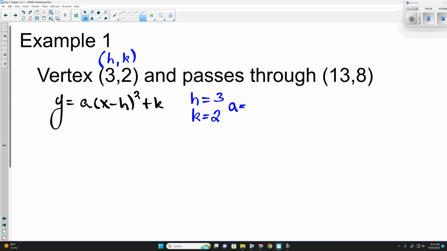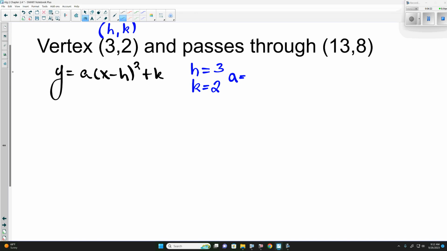But that still leaves us with the value of a. So our equation here is y equals a, parentheses, x minus our h value, squared, plus the k value. Questions on any of this so far?